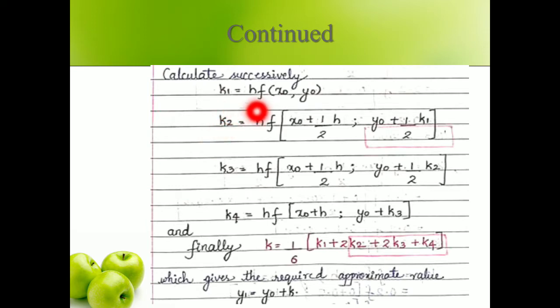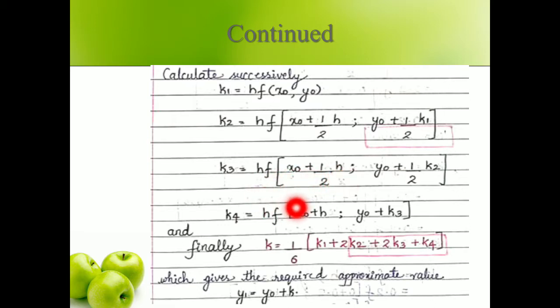K1 is h of f of x naught, y naught. K2 is h of f of x naught plus half h, y naught plus half K1. K3 is equal to h of f of x naught plus half h, y naught plus half K2.